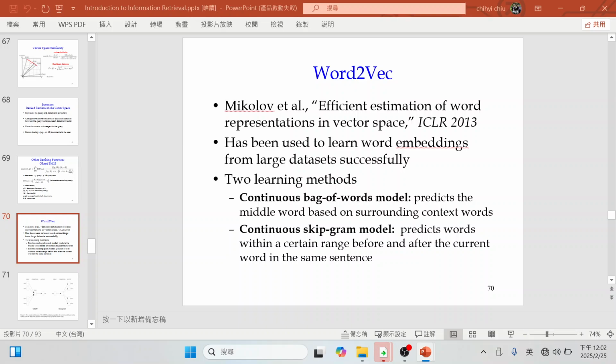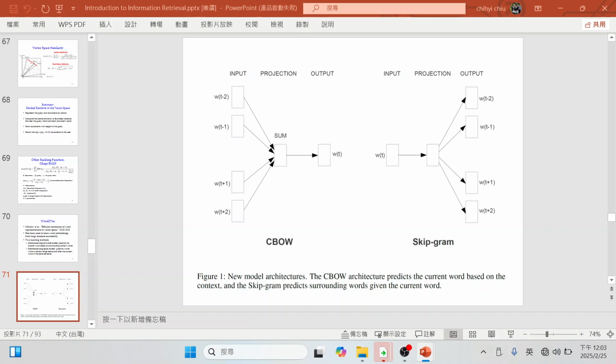Here they propose two learning methods. One is a continuous bag of words model. The next is a continuous skip-gram model. These figures are copied from their paper.